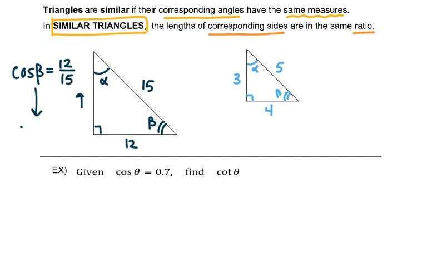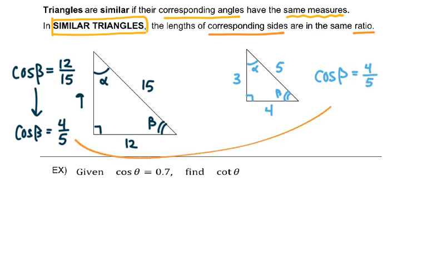If we reduce that fraction, dividing both by 3, cosine beta gives us 4/5. On my little triangle, if I look at beta and say adjacent over hypotenuse, again I'll get that cosine beta equals 4/5. You can see that those are the same ratios. So that's just more proof that similar triangles are always going to have this same ratio.